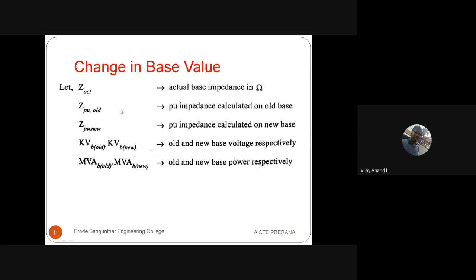ZPU old is equal to per unit impedance calculated on the old base. Z per unit new is equal to per unit impedance calculated on the new base. KVB old and KVB new are nothing but the old and new base voltage respectively, whereas MVAB old and MVAB new are nothing but the old and new base power respectively.